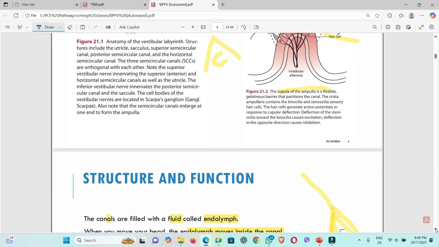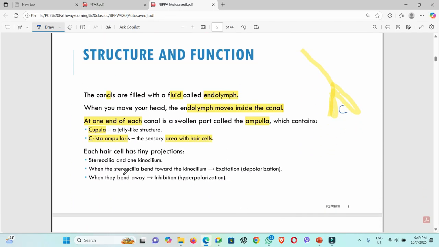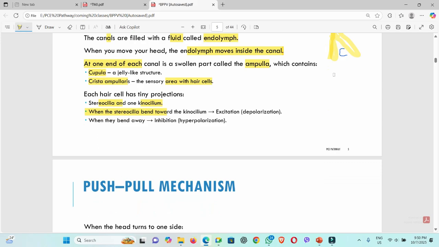These are the sensory structures. Each hair cell has tiny projections, stereocilia and kinocilium. This is too deep, guys, no need. Just know canals have the swollen part called ampulla. Ampulla has cupula inside it.